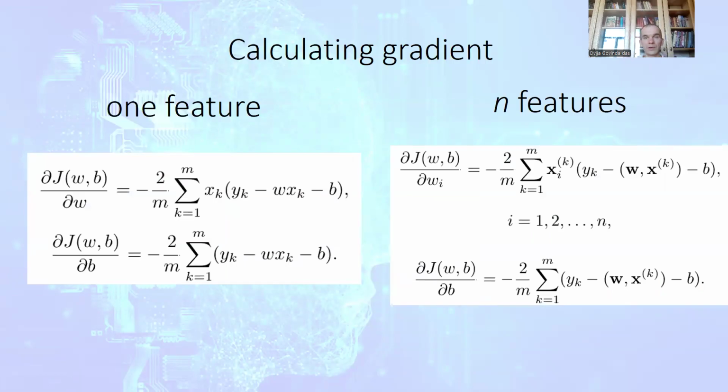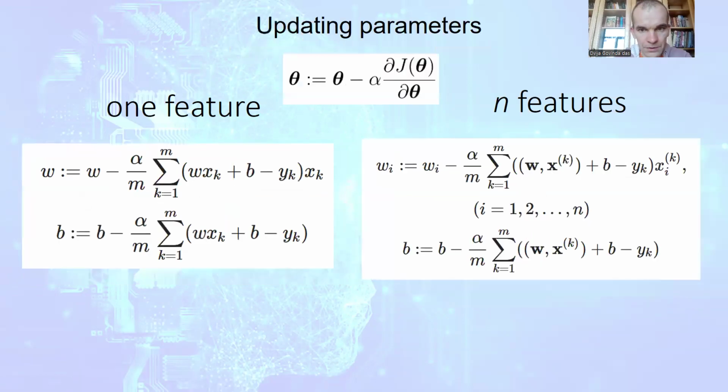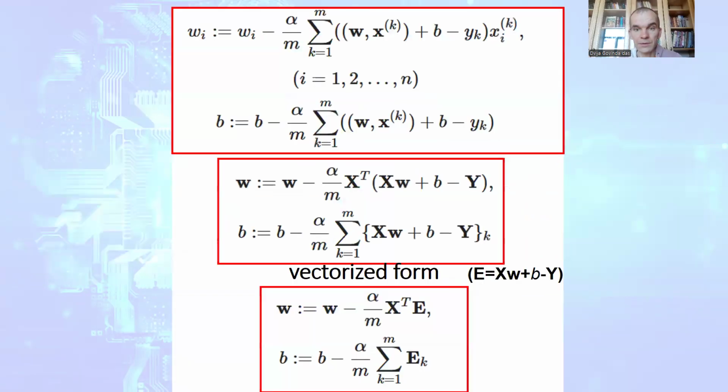So we must calculate the gradient. We can compare here the formulas for the gradient for the one-dimensional and n-dimensional cases. Everything is quite similar, except that the multiplication wx is now replaced by the dot product of vector w and vector x. Correspondingly, updating parameters in gradient descent now looks like this, also quite similar. And of course, as we discussed in the one-dimensional case, this equation can be vectorized.